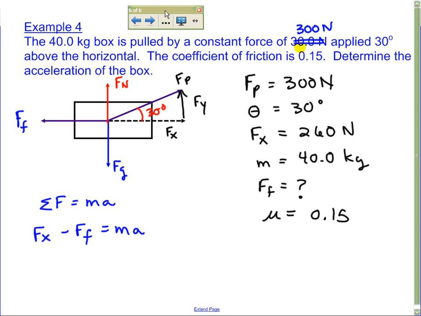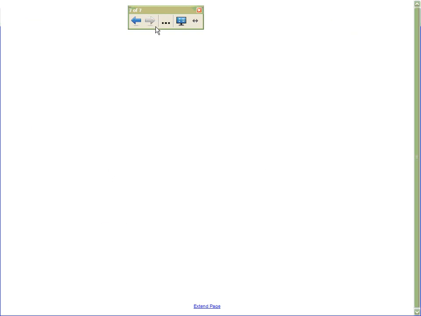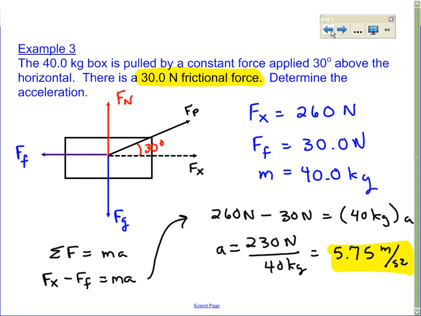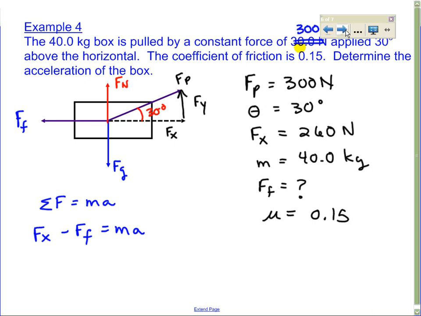And I'd like to go to the next page for this. So frictional force, you know, is the coefficient of friction times the normal force. But the normal force is really the summation of everything in the vertical. So this time, in the vertical, we have the weight, but we also have Fy, and they're acting in opposite directions.